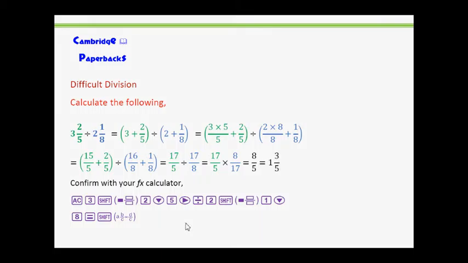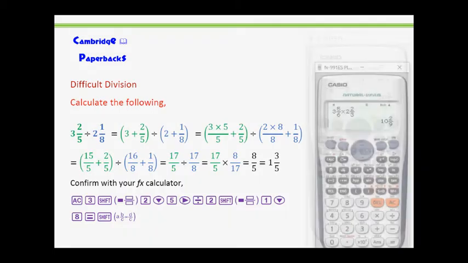We can verify that on our calculator using the following keystrokes.